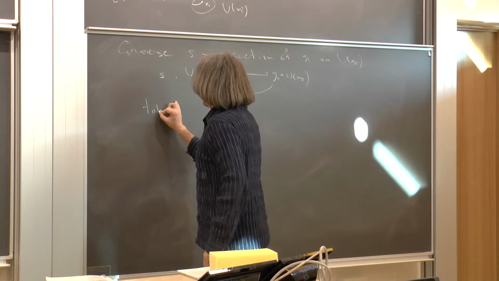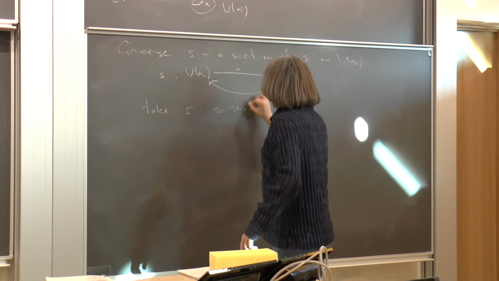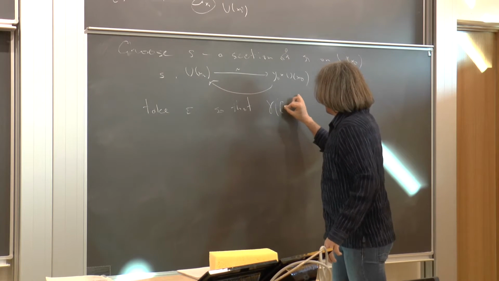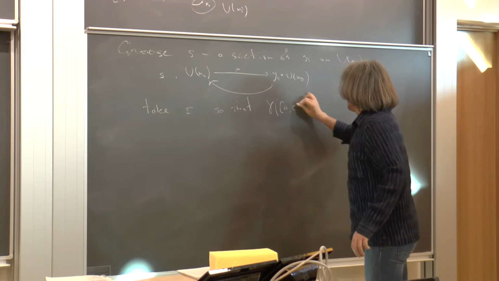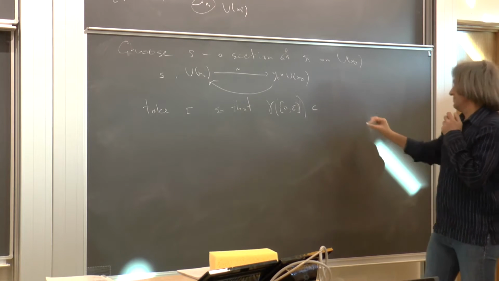Take epsilon so that the interval, so gamma of [0, epsilon], is inside U of x naught.